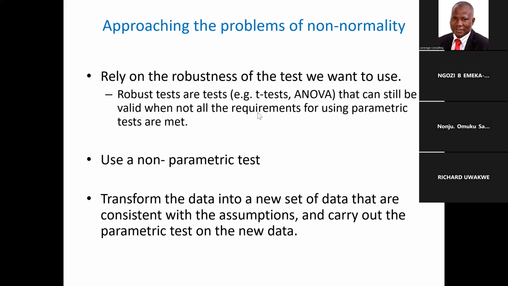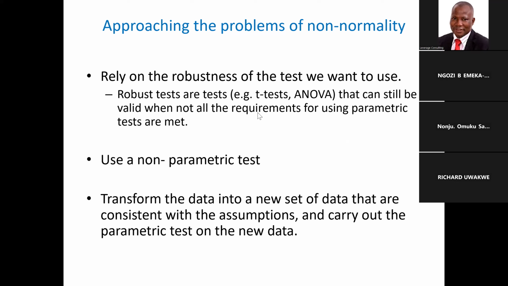The last option is to transform the data into a new set of data consistent with the assumptions and carry out the parametric test on the new data. For example, if something is not normally distributed, you can apply a logarithm transformation.